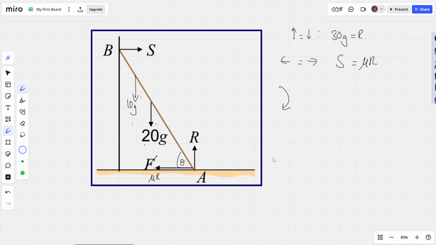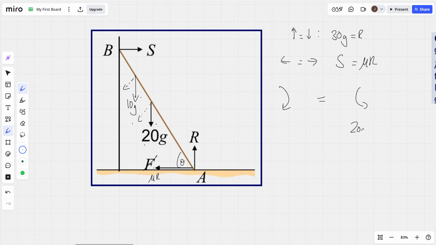We'll do the moments next. So we're going to say that clockwise equals anti-clockwise. If we're going to the left and down, these are actually anti-clockwise ones now, aren't they? So hopefully you're at the point now where you feel quite confident in how to resolve those based on the earlier videos.